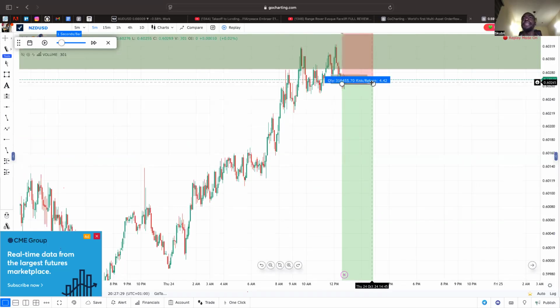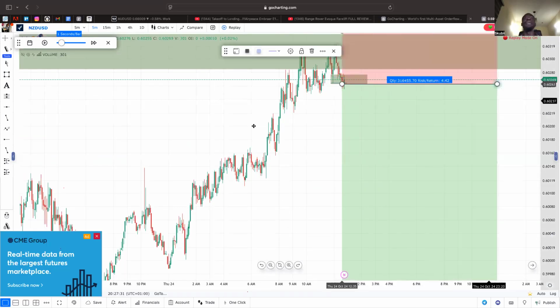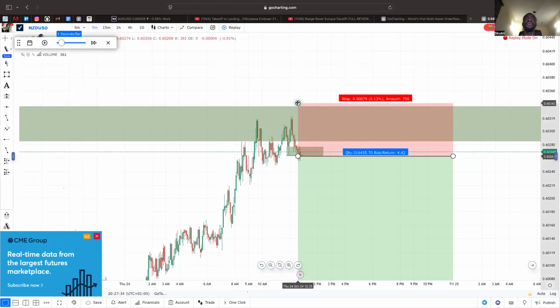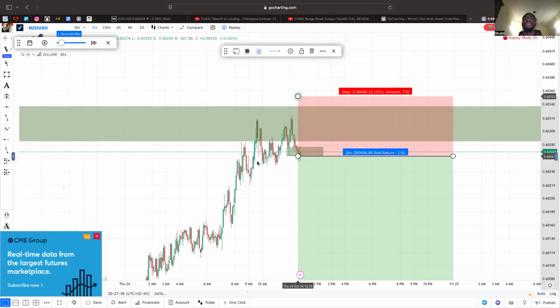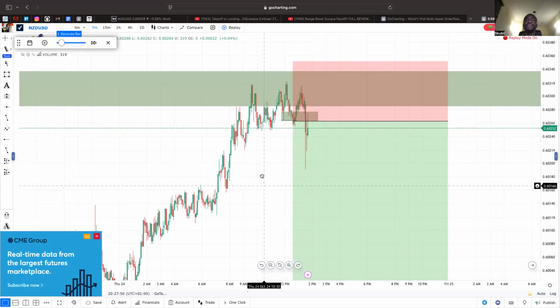The whole trade was entirely a 4 hour trade. It was a very, very sweet trade, one of those trades you get once in a while. Let's play it and see how it played out. So price started dropping.